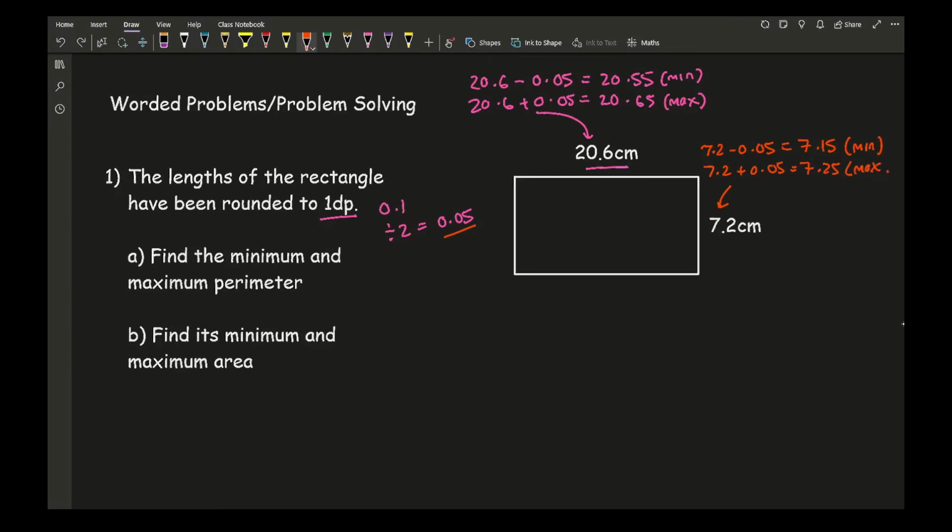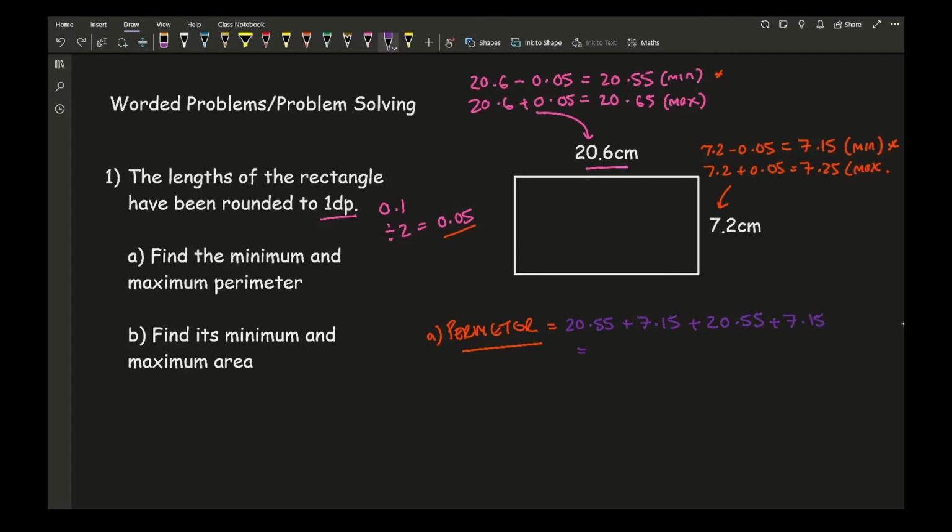Now to find the minimum perimeter, what I need to do is use the smallest lengths. So the smallest lengths are 20.55 and 7.15. So here I'm going to do 20.55 plus 7.15 plus 20.55 plus 7.15.